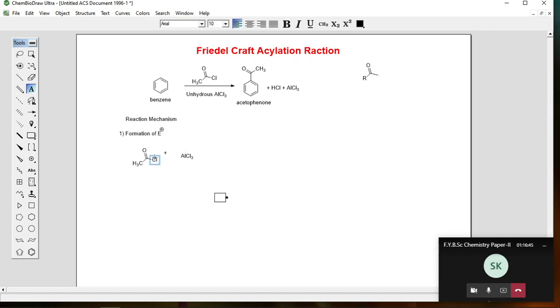The reaction of these two reagents takes place, and you will get the acylium ion as an electrophile.